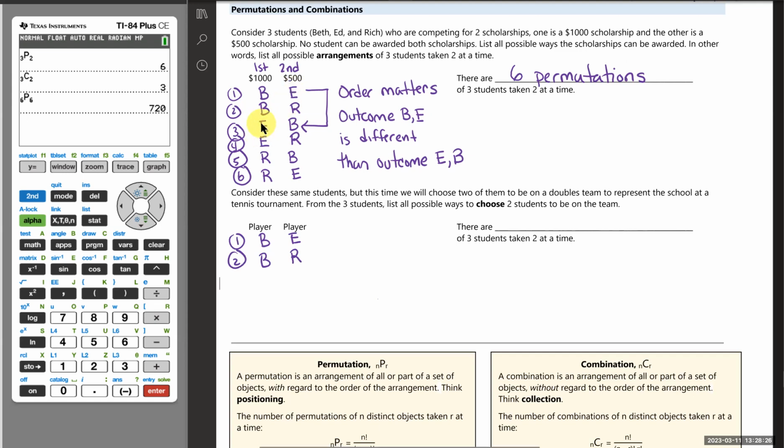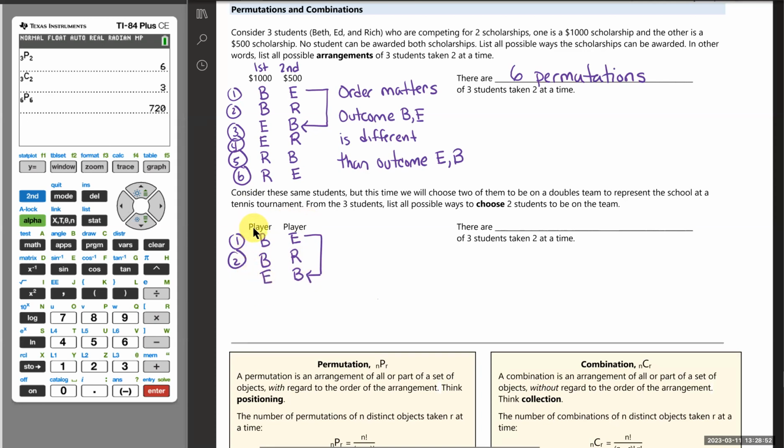And then we could pick Ed to be a player and make his partner Beth. But this is where we stop for a moment, because if they're playing together on a team, Beth, Ed is a team. That's the same team as Ed, Beth. So in this situation, it's basically two equal people, two players together.